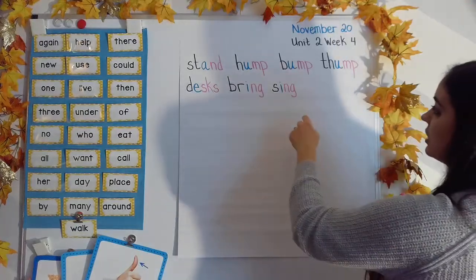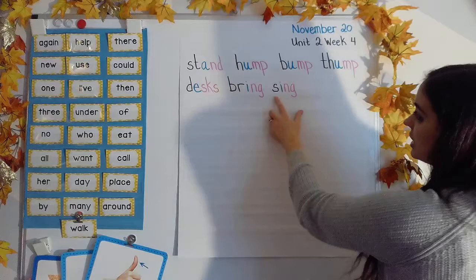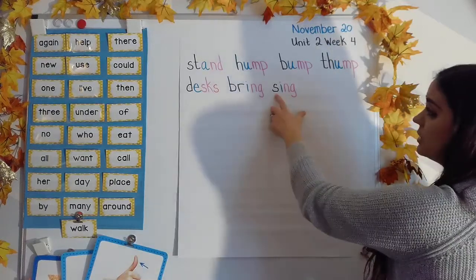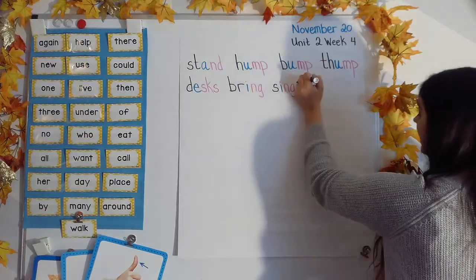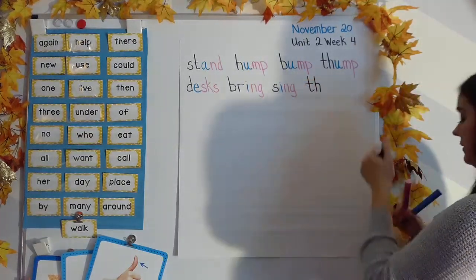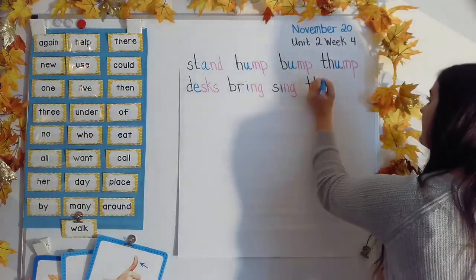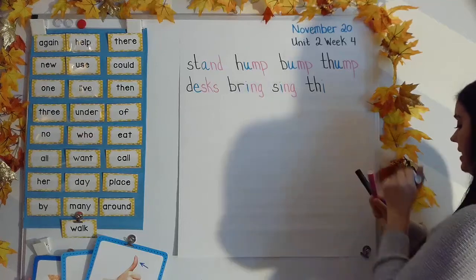Next word. Thing. Your turn. Thing. So I can turn sing into thing by changing only the beginning sound. I'm going to change s into th to make thing. So TH is th. I says si.